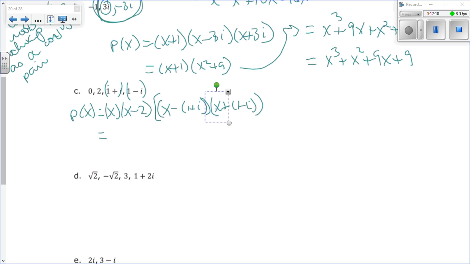So these two are going to be a little bit harder to multiply. Here I will have x squared minus 2x. Yay for easy.